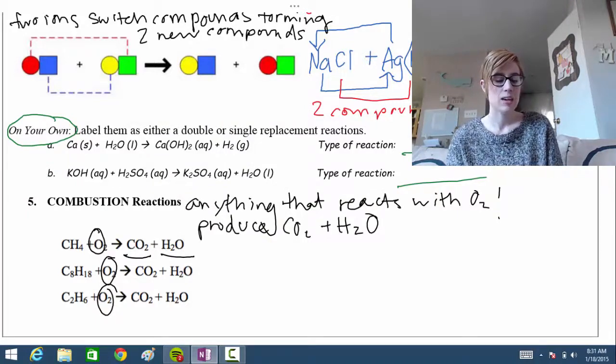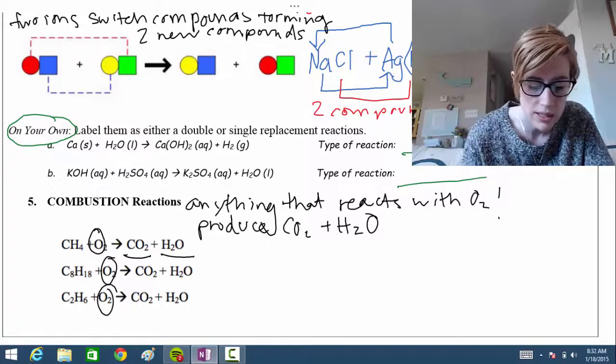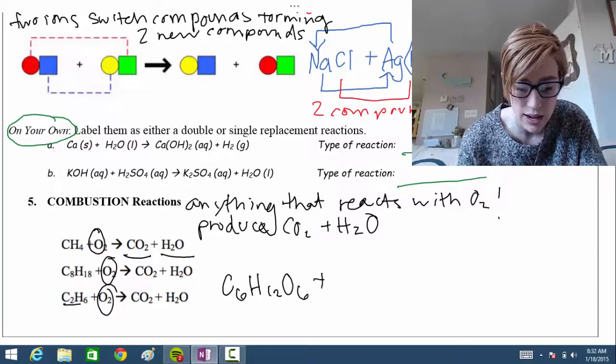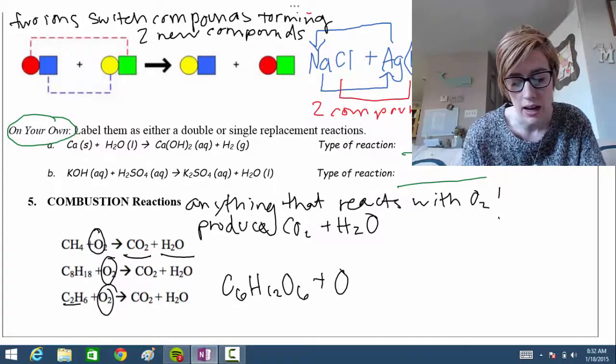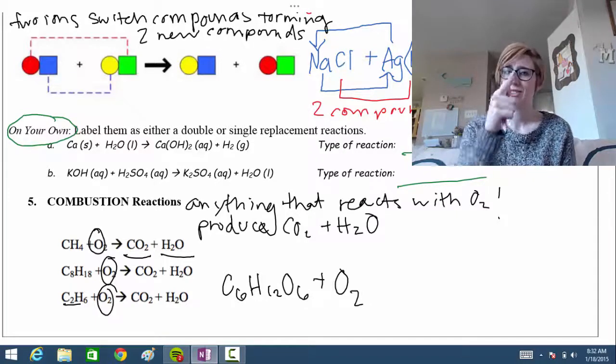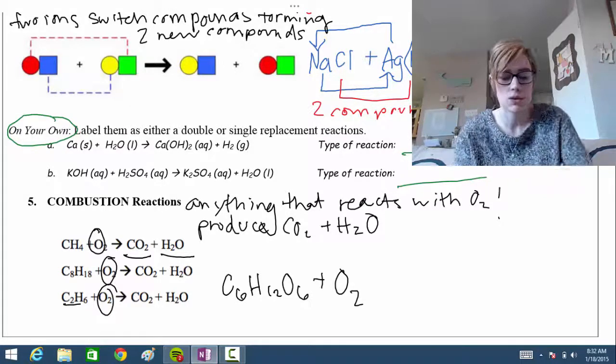So in one of my demos I'm going to be doing pretty soon, I'm going to take sugar, C6H12O6, and I heat it up and I expose it to air. And when you expose it to air, guess what's in air? Oxygen. And you need oxygen to light anything on fire, because anything that you light on fire is considered a combustion reaction.